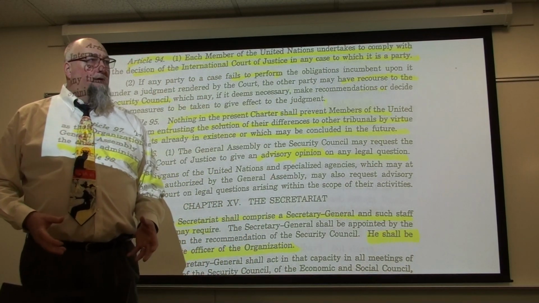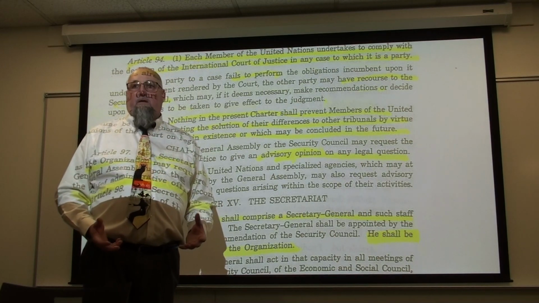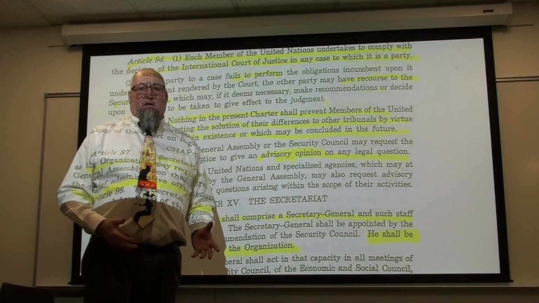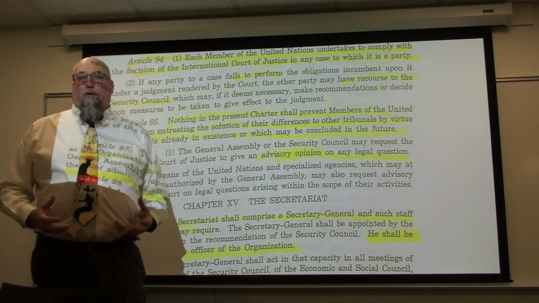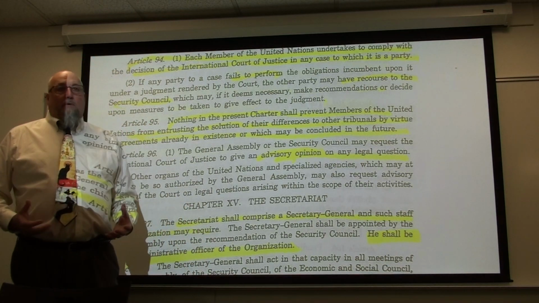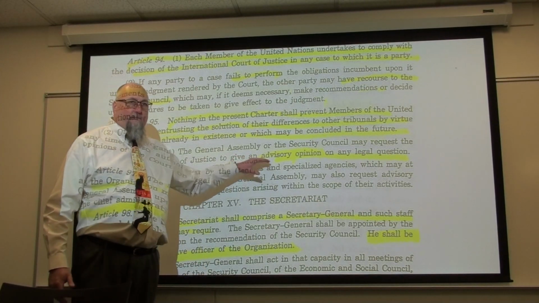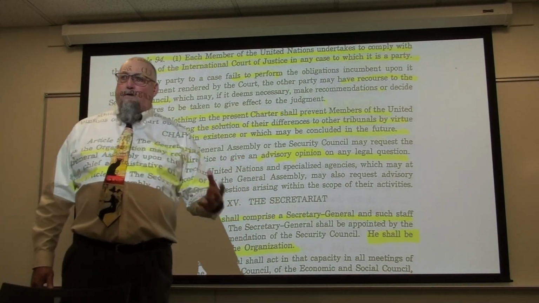An advisory opinion is when there is some sort of question of international law or fact that's not necessarily a dispute, but there needs to be guidance provided to the General Assembly or the Security Council on what and how international law should be interpreted. And it's not an actual dispute. We have a similar thing in domestic law, which is called the declaratory judgment.